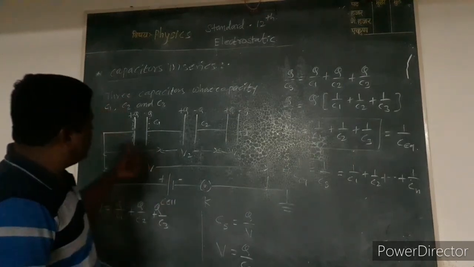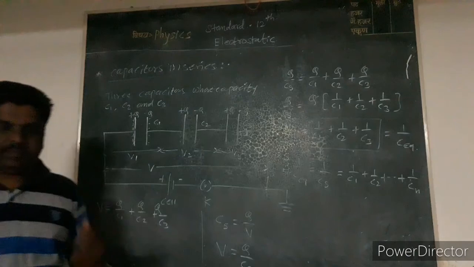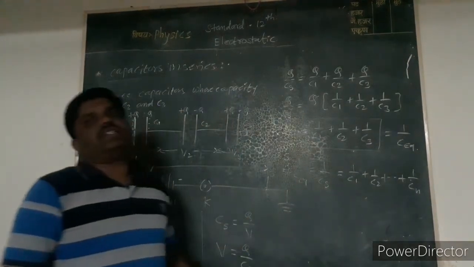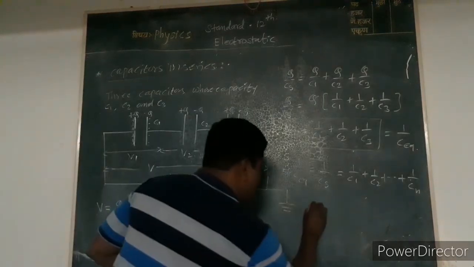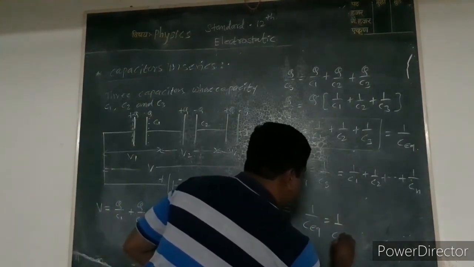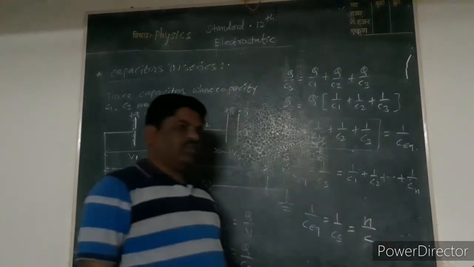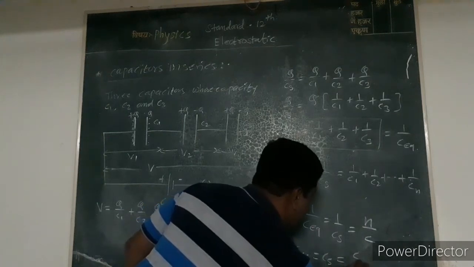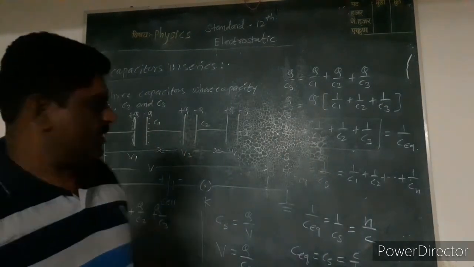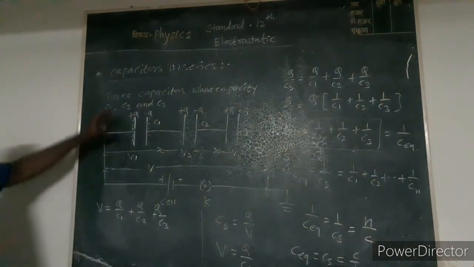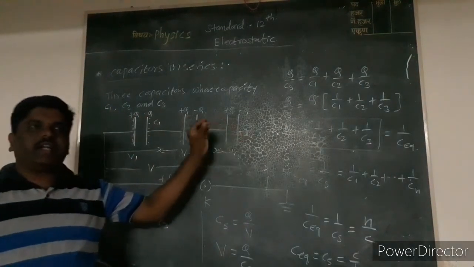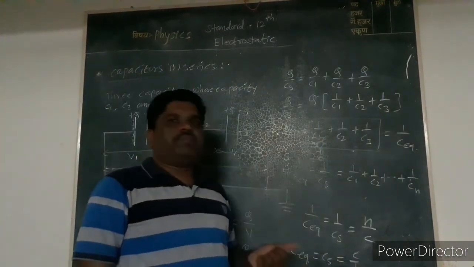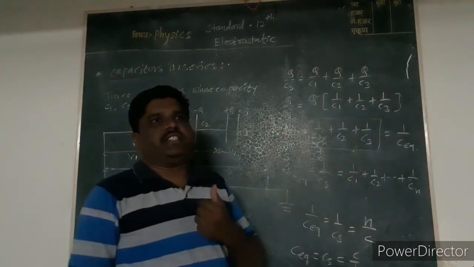If all the capacitors have the same capacity, then the equivalent capacity 1 upon C equivalent or 1 upon CS is equal to N upon C, or C equivalent is equal to CS is equal to C upon N. That means if the number of capacitors connected in series increases, then the equivalent capacity of the capacitors decreases.